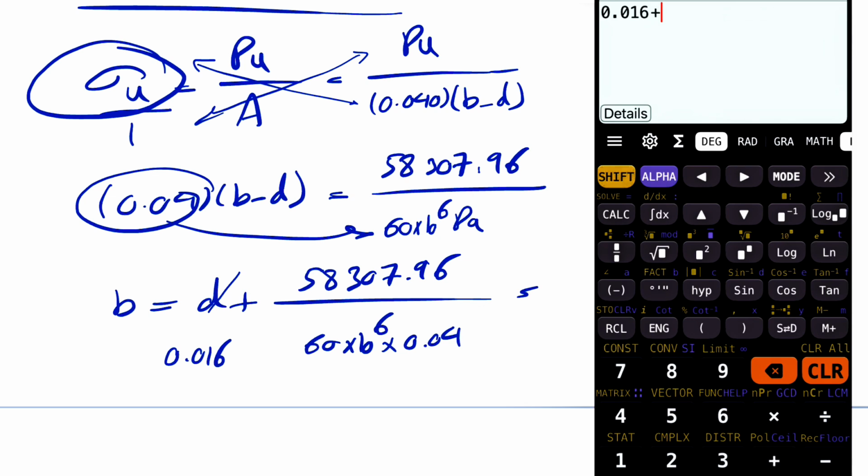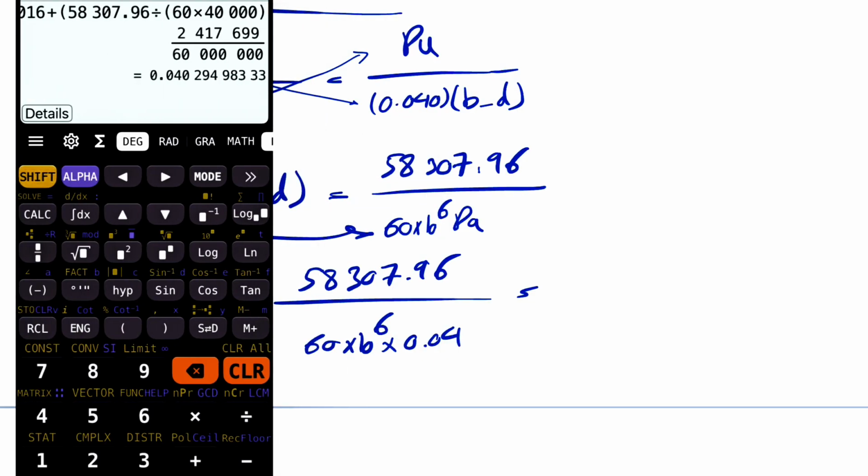So 0.016 plus 58,307.96 divided by 60 times 10 to the 6 times 0.04.